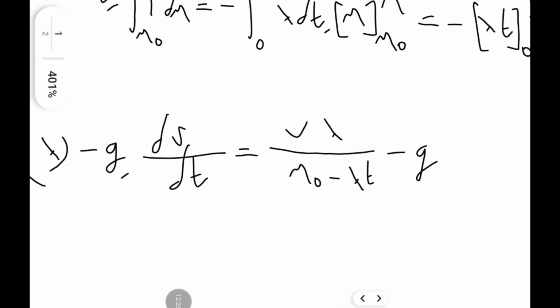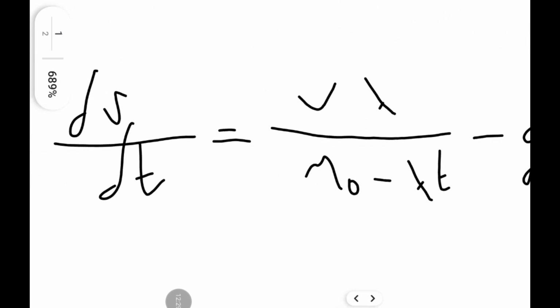You can see this is the format we have it in now, and this is an equation we can actually solve. This is a differential equation that's a lot easier to solve if we just put the dt to the other side.